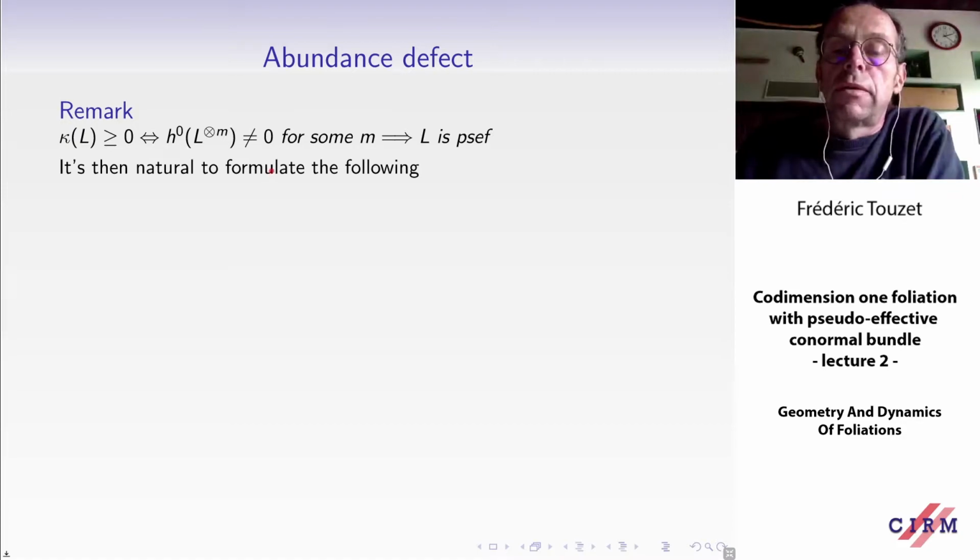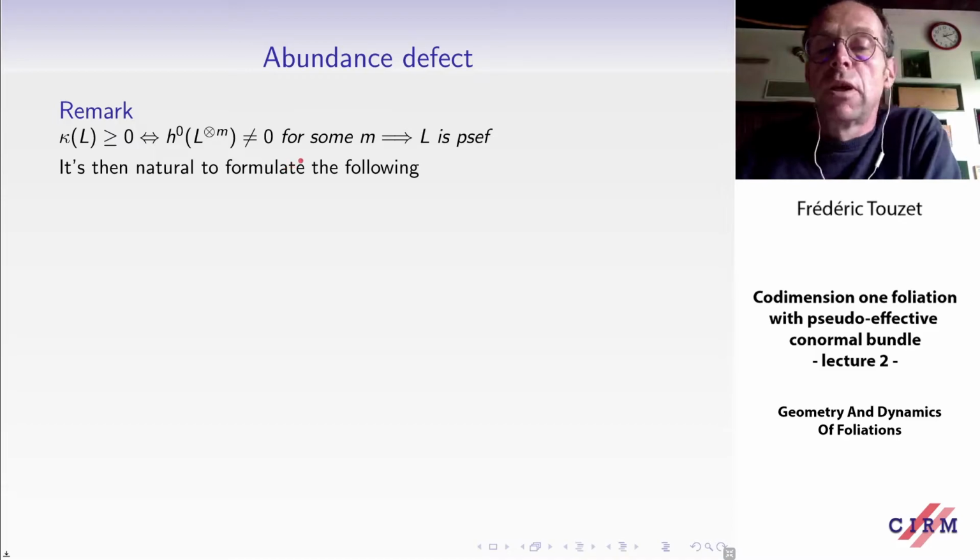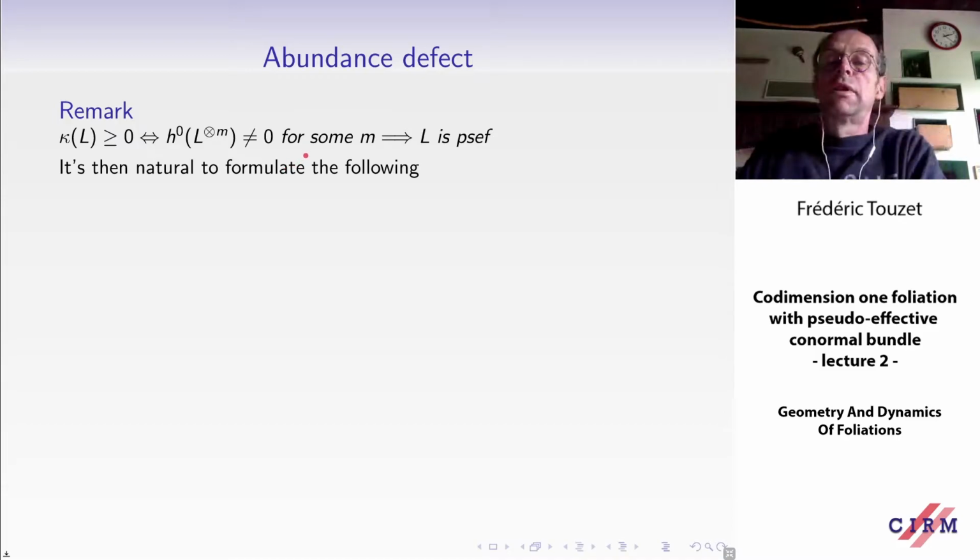Yes, so I would like to evoke problems of abundance. I will not give the strict definition of what abundance is, but I will illustrate the questions by some examples.